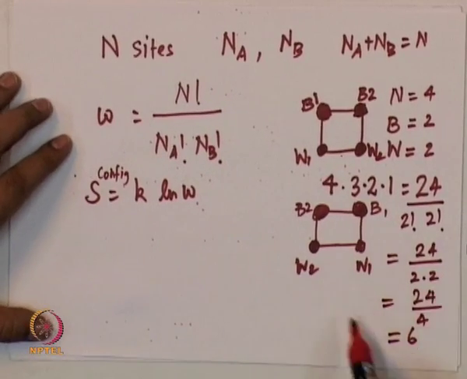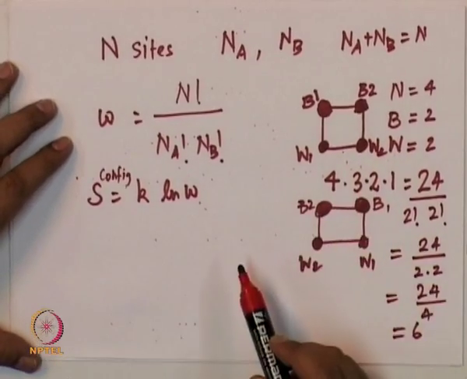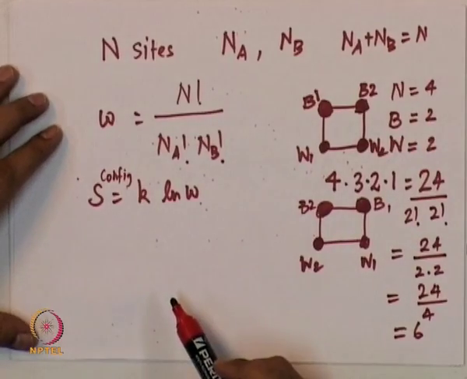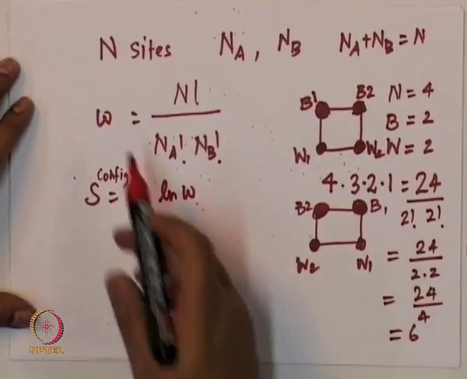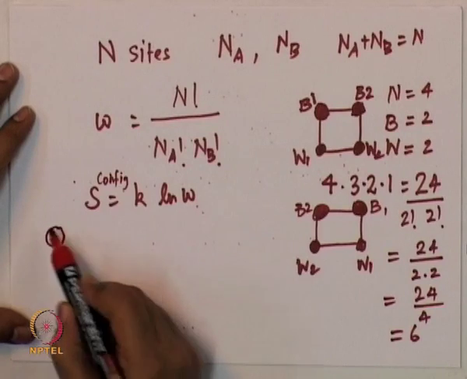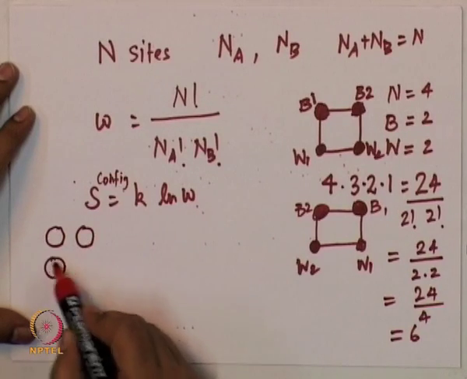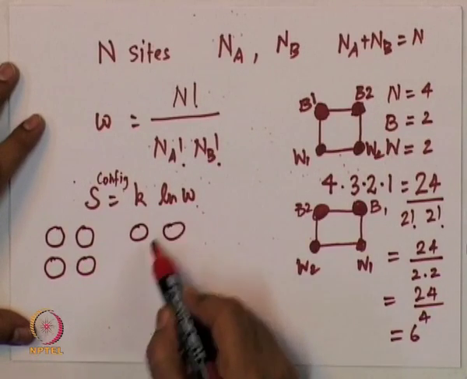Now, what are these 6 indistinguishable ways in which the 2 black and 2 white atoms can be distributed? We can actually list them, because this is a small number of things. So, there are going to be 6, let me do 6 of them.